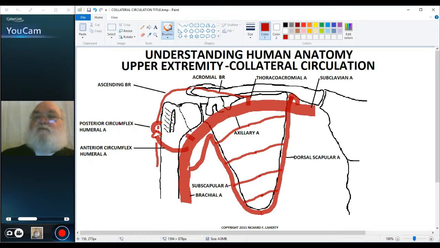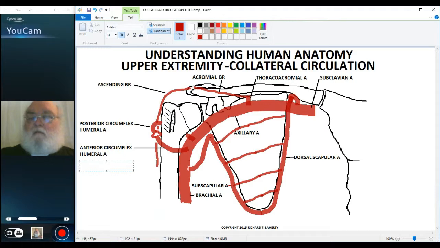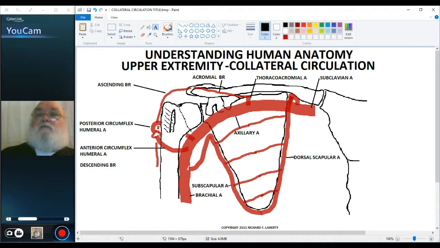And this is the descending branch. And I'll draw a line over to it.